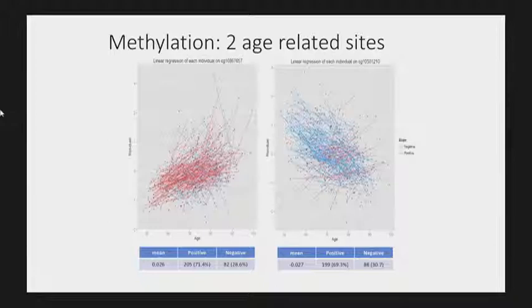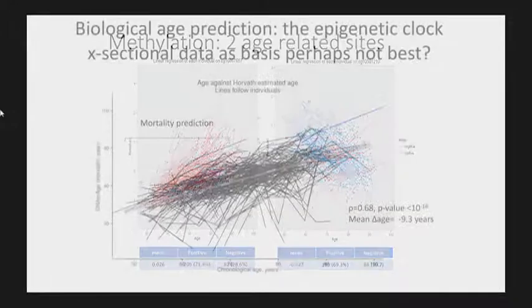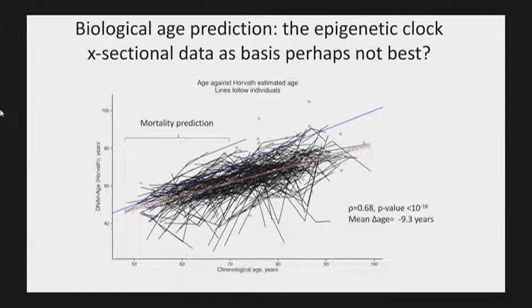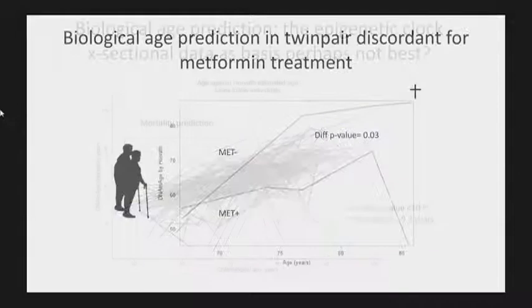So it would be interesting not only to look at this age-wise, but also as a function of that particular outcome that we're interested in. It would be very valuable to have that methylation data both prior to as well as after the outcome of interest. It also speaks to the fact that cross-sectional data are perhaps not the best basis for calculating the epigenetic clock and its prediction of mortality.